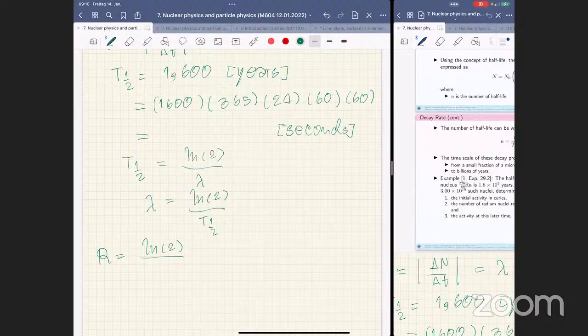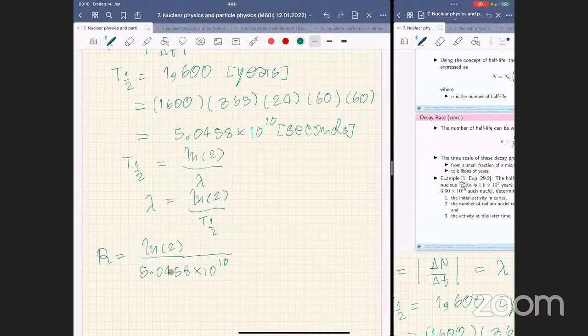It's around 5 times 10, oh no, there are some digits after the decimal point. 0.458 times 10 to the 10, right? Quite a lot, and we use that number, 0.458 times 10 to the 10. Okay, that's the half-life.